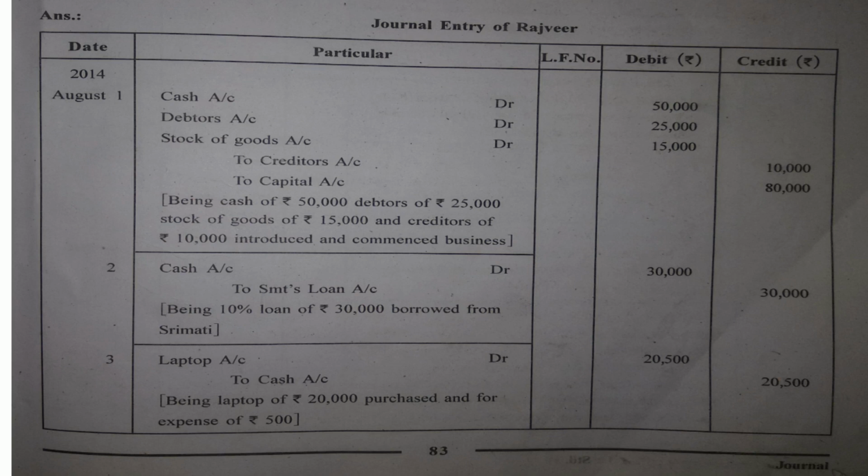Out of 90,000, 10,000 is to be paid, that is of creditors. So 90,000 minus 10,000 is 80,000 rupees. So capital brought in the business for commencement is 80,000. So the remaining 80,000 is credited to capital account.